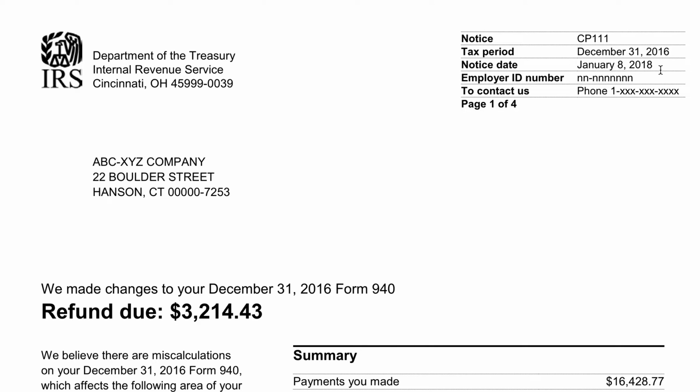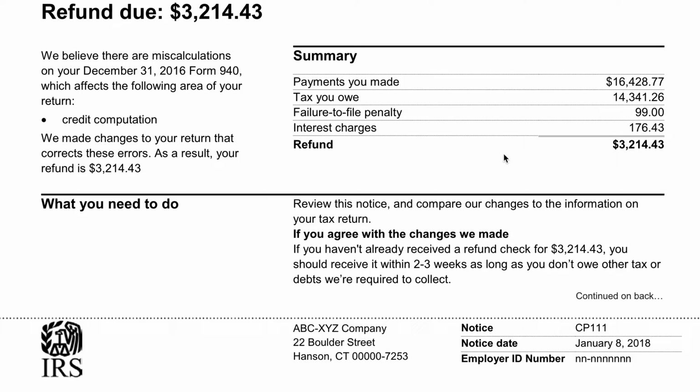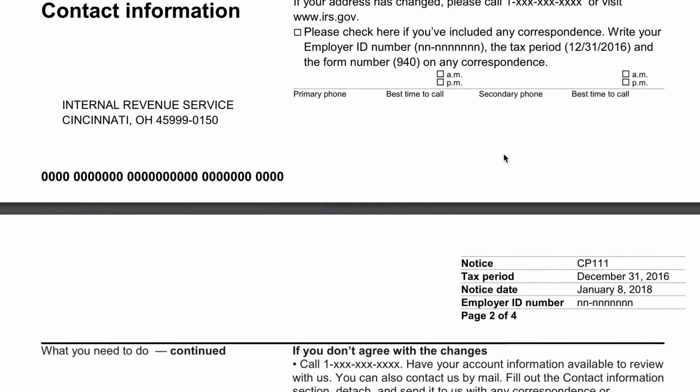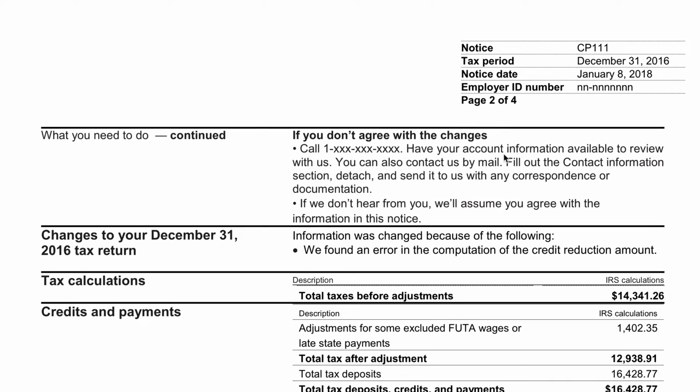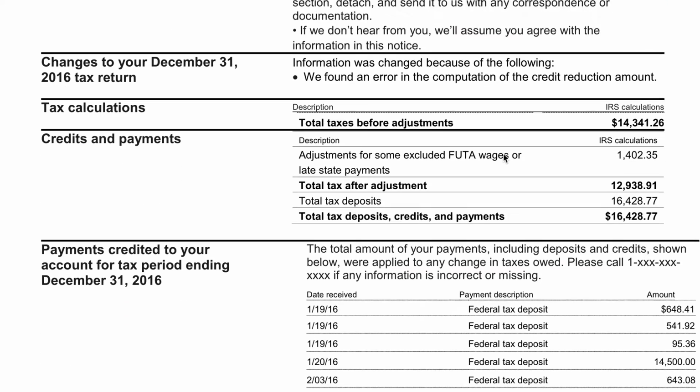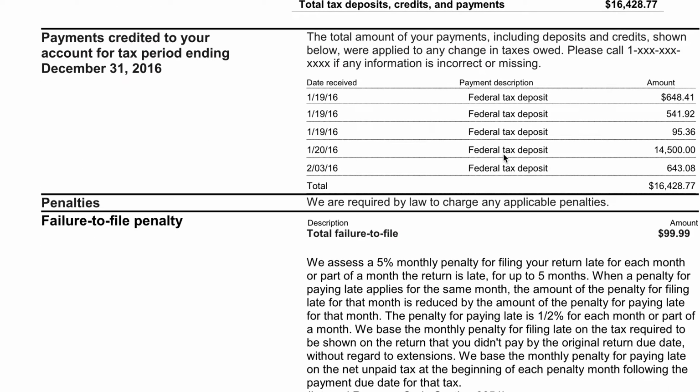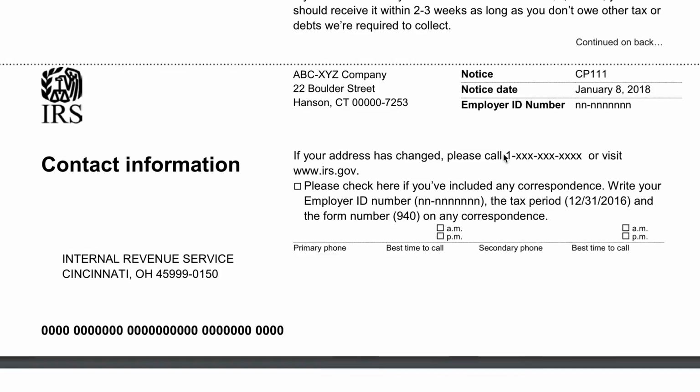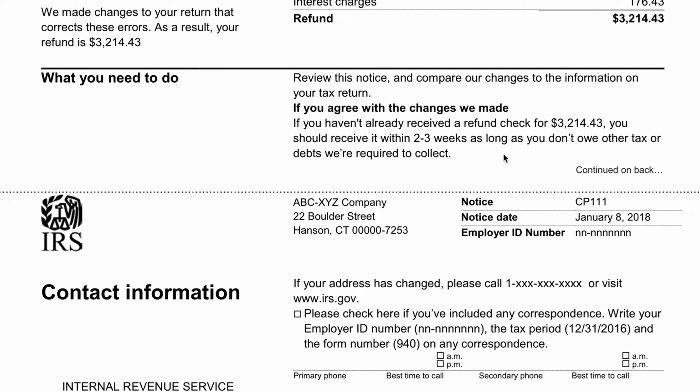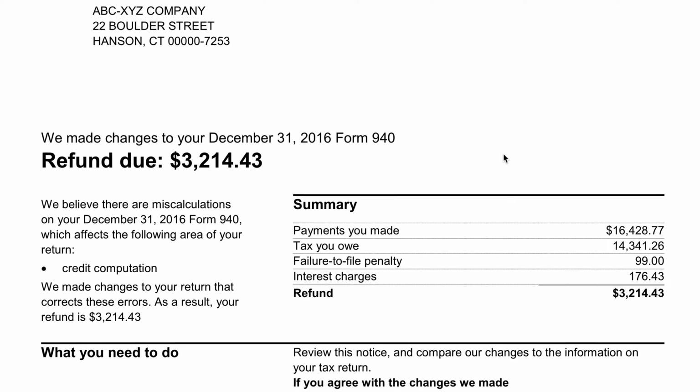I always encourage people to pay particularly close attention to the notice date, because if there is an action that you're supposed to take, then you should see somewhere in the notice a due date that might be tied to your notice date. In this case, not necessarily.